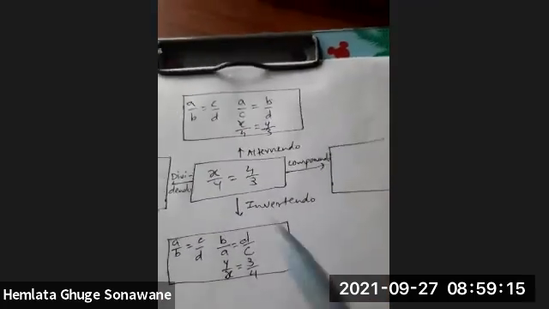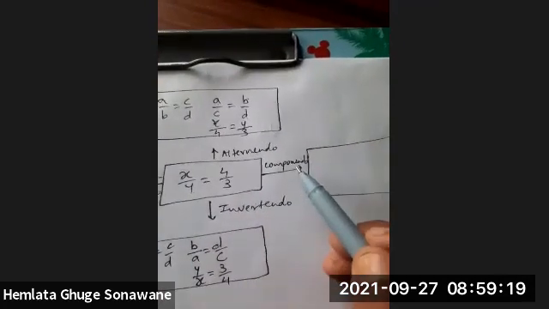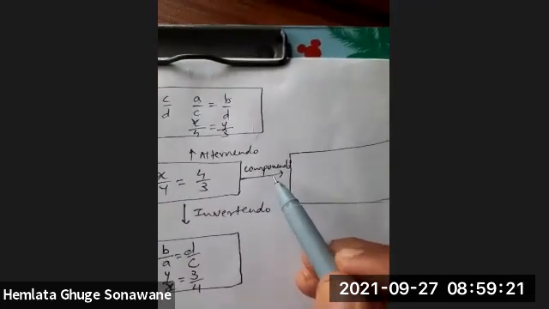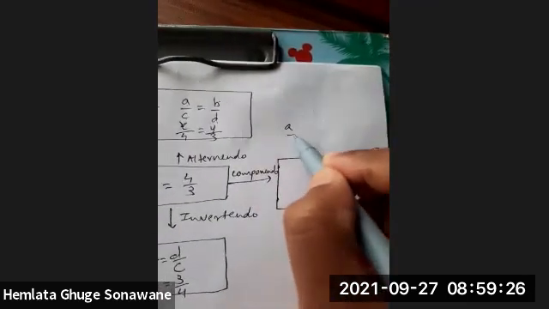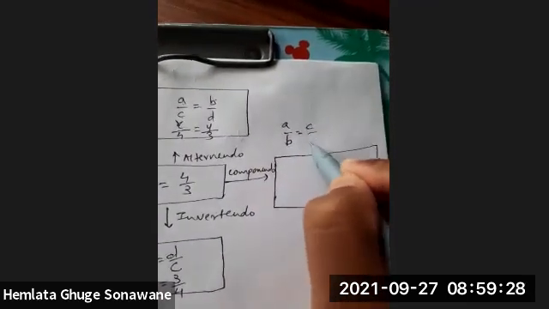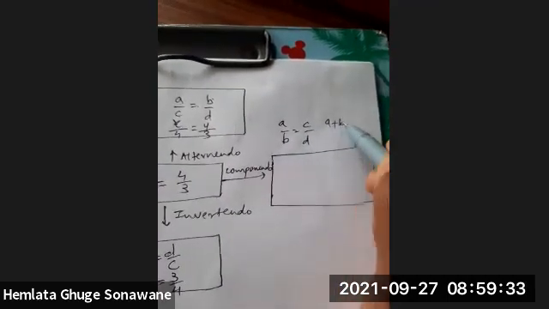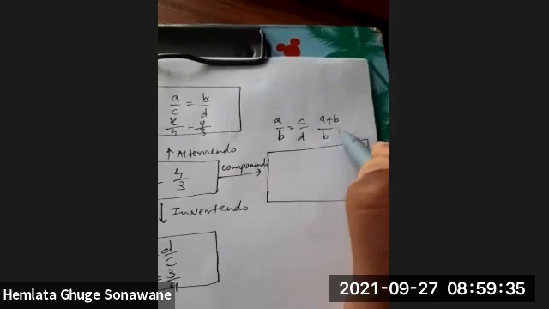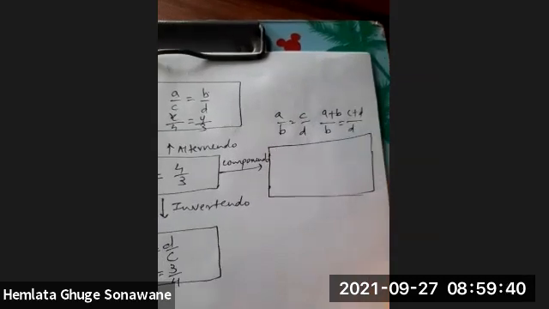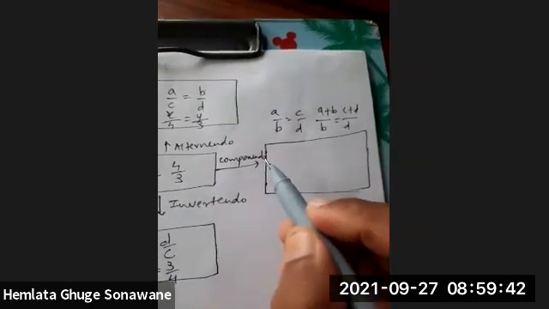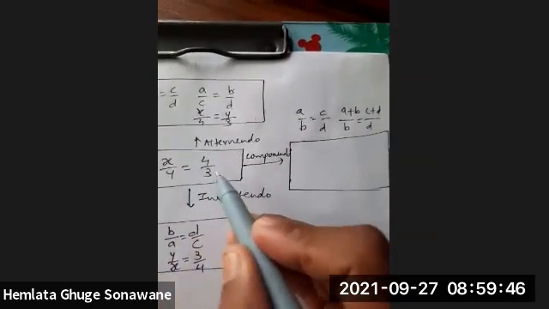Now we have to write down x upon y is equal to 4 upon 3 by applying the property of componendo. What is the property of componendo? That is A upon B is equal to C upon D, then it becomes A plus B upon B is equal to C plus D upon D. This is componendo. Now how will we write this for x upon y is equal to 4 upon 3?